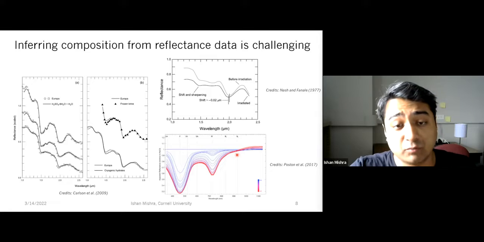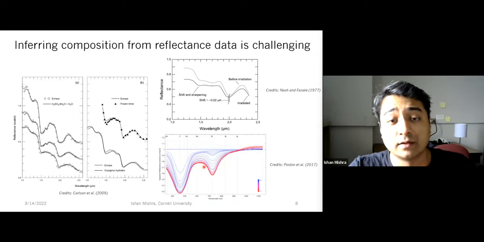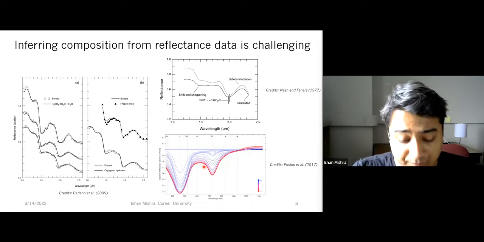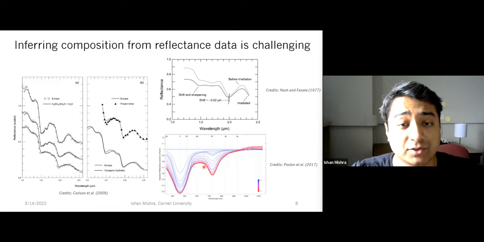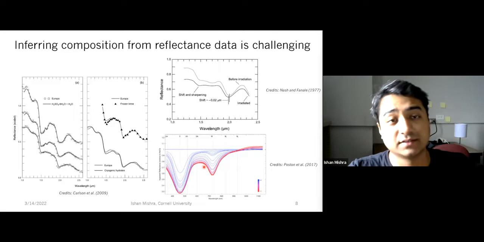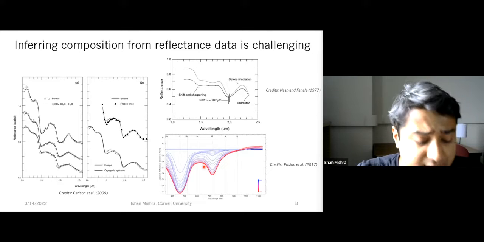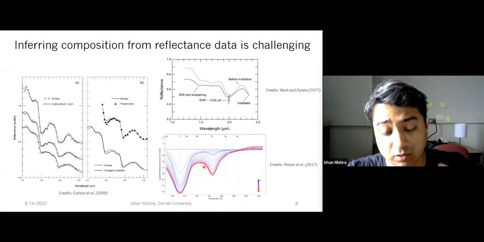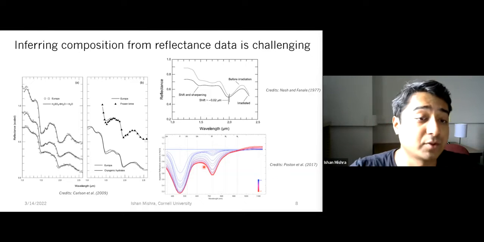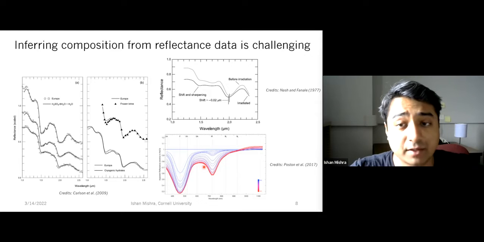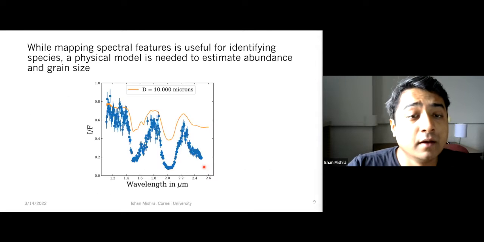One of these features was what was detected on Europa's surface, giving us a first detection of sodium chloride. And so all of these need to be thought of when you're trying to understand what features you're seeing in spectroscopic data, and when you're trying to constrain abundances and so on.